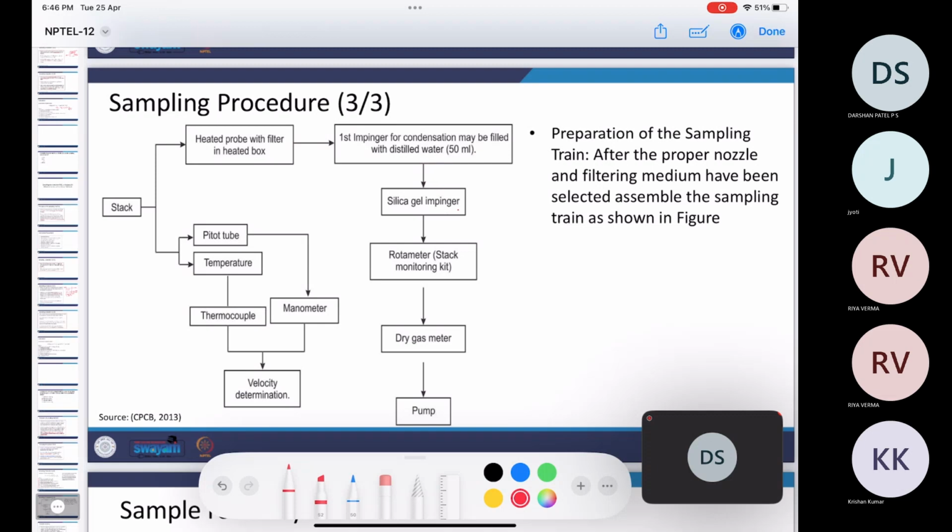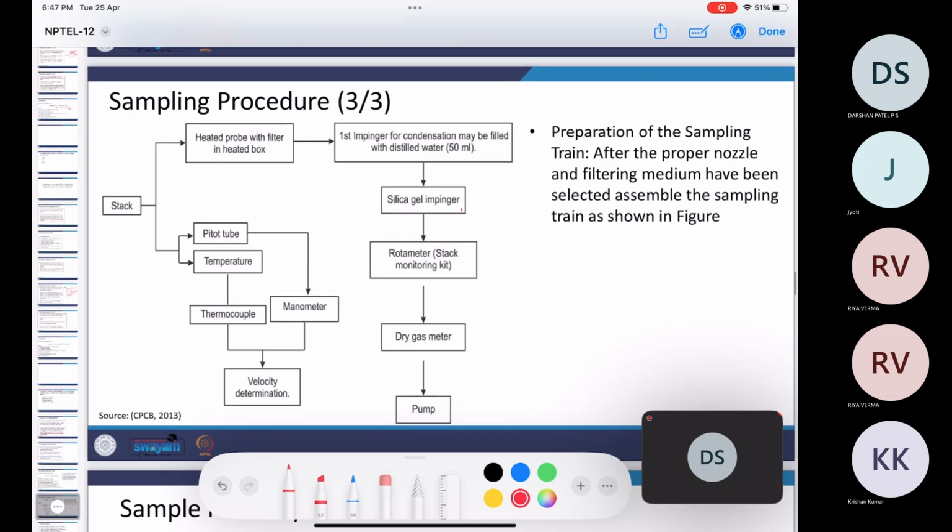Then we have a silica gel impinger, then a stack monitoring kit, then a dry gas meter is connected, and then a pump. Second, we have the pitot tube and the temperature measurement devices: a thermocouple, then a manometer, and in the end, a velocity measuring device is connected.